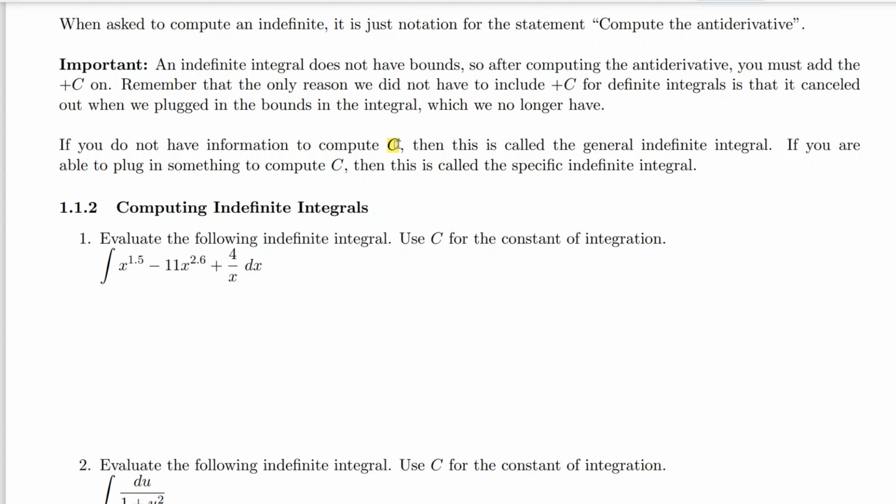If you do not have information to compute your constant c, then this is called the general indefinite integral, sort of like when we started talking about the antiderivative, we called it the general antiderivative. If you are able to plug in something to compute c, and we saw examples of those before with antiderivatives, this is called the specific indefinite integral.